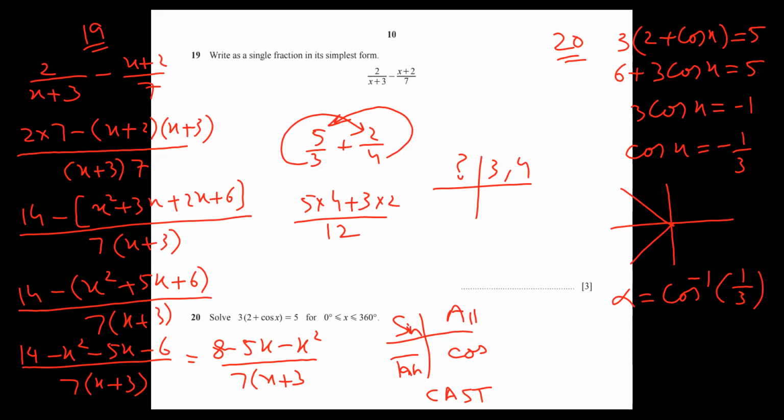And when I take cos inverse, it gives me an alpha value of 70.5 degrees. This angle will come here, and this angle will come here, always with the x-axis and a line. So I am going to write 70.5 here and 70.5 here.